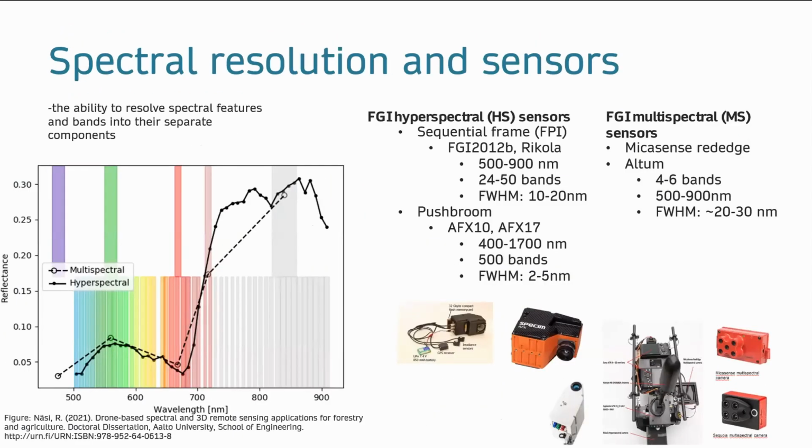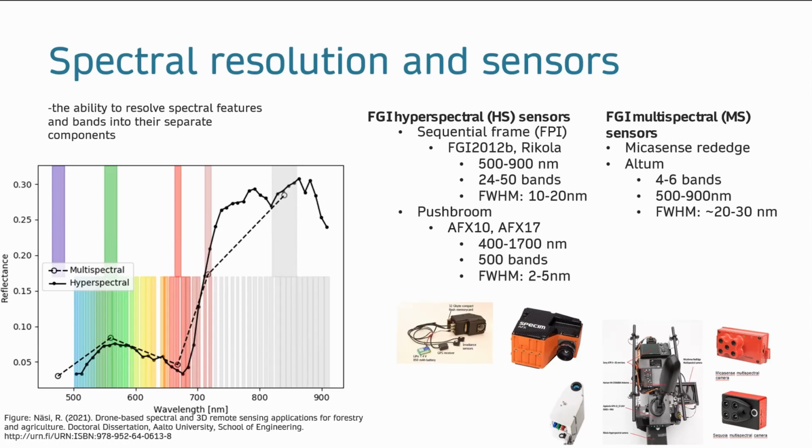Yeah, and about the spectral resolution, it's totally related to the sensors we can use. We have been using many different sensors. Hyperspectral sensors, we have been using this sequential frame interferometer based sensor for a long time, and the spectral characteristics are here.